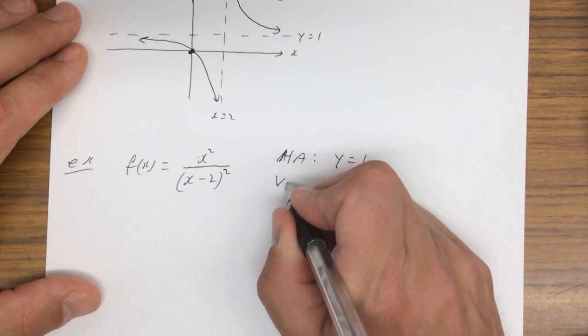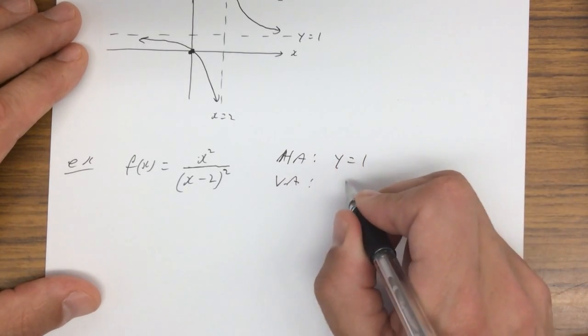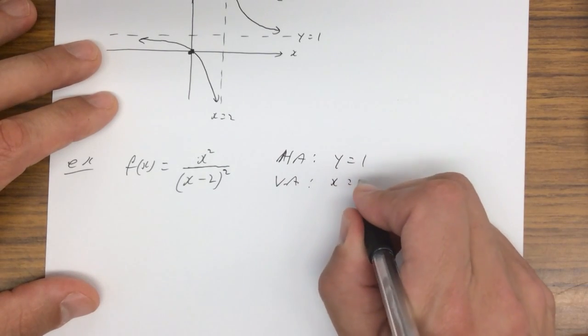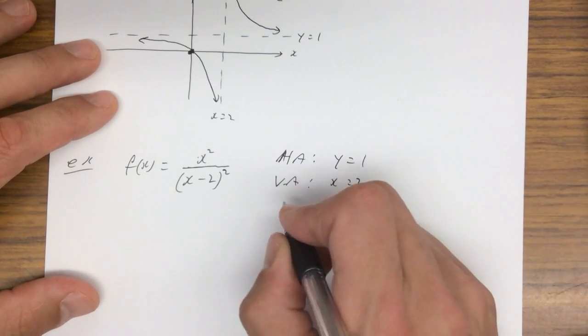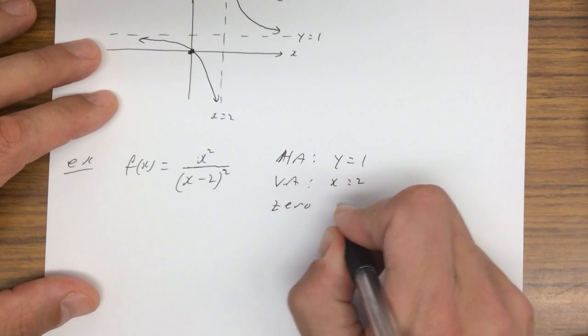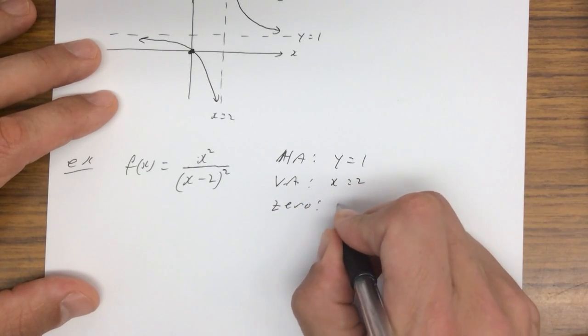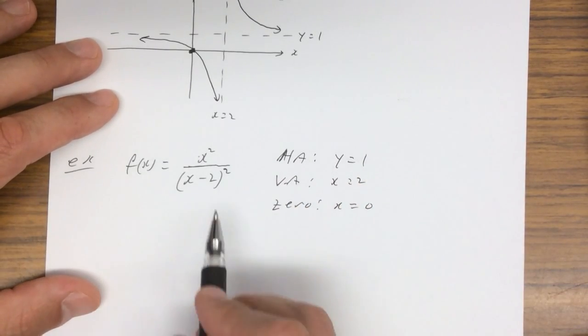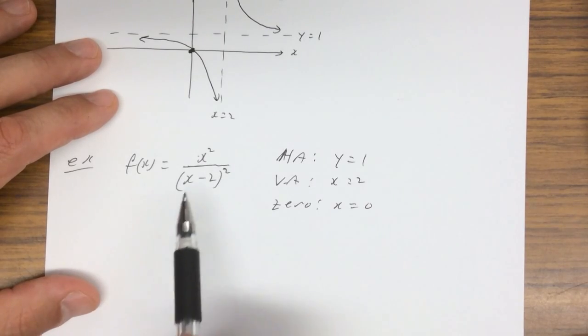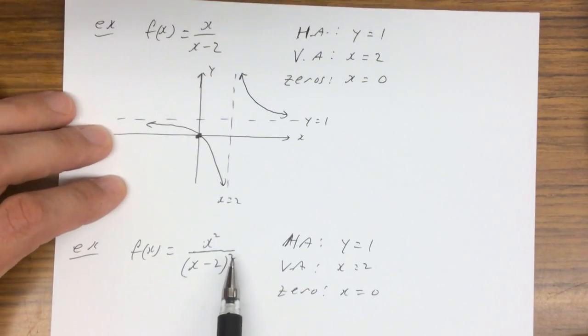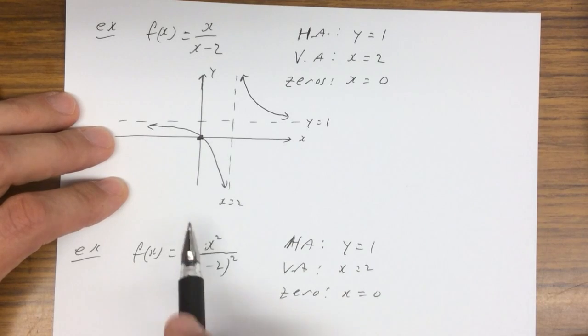And we have a vertical asymptote of x equal to 2 again. And we also have a 0 of x equal to 0.